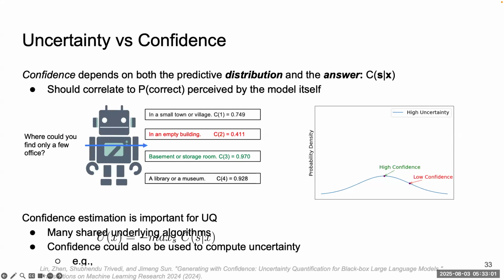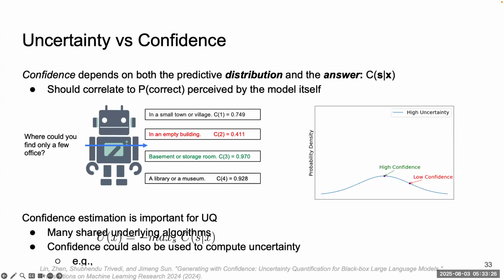The probability for choosing an answer with low confidence isn't that strong. So even if it's technically the most likely, the confidence is not high, because the question itself has a diverse or flat distribution.